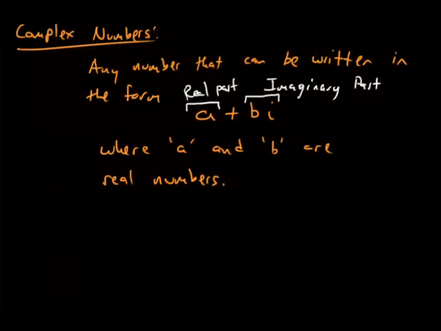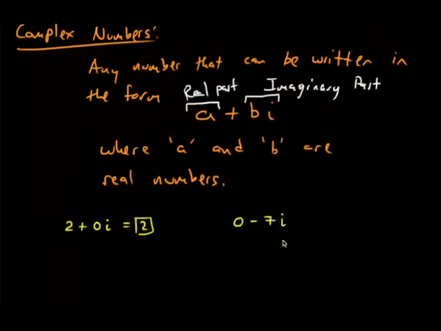Let's actually write down what some would be. So I could have a complex number 2 plus 0i, which is the same as 2. All right, so there's a real number written as a complex number, right? 2 plus 0i. There were 0 i's attached. I could also have 0 minus 7i, right? Which is the same as just negative 7i, right?